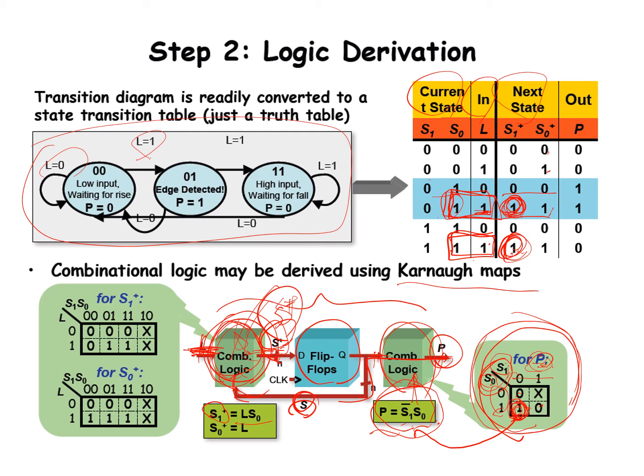What about S0 plus? For S0 plus, we have 1 here, here and here. The common thing is that only L is 1. Then we get S0 plus equal to 1, right? We can simplify the logic. I'm not going to repeat how we optimize this logic; we already learned that. Typically in Verilog we describe the behavior.